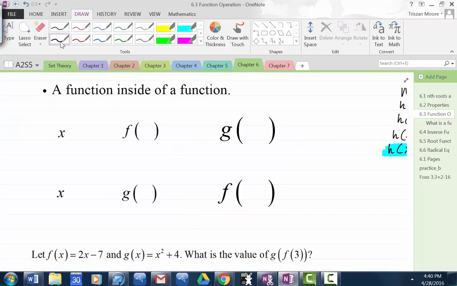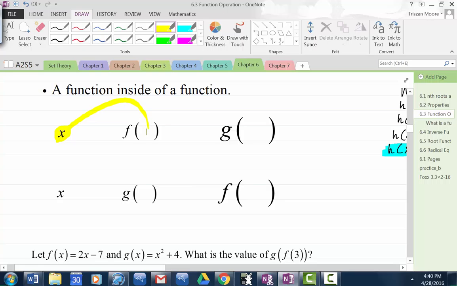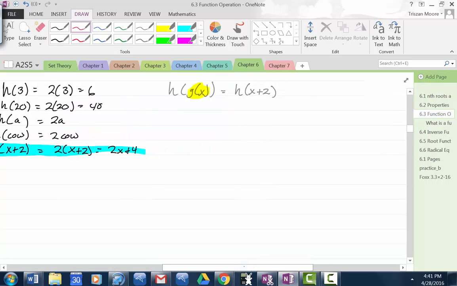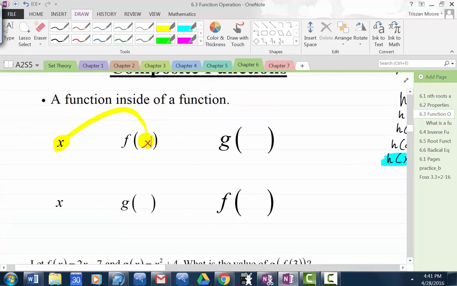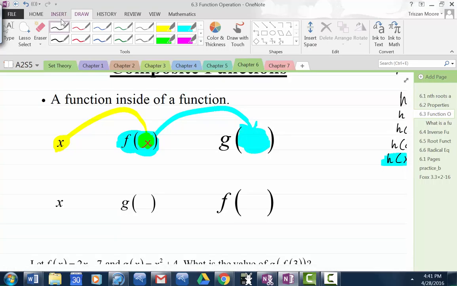Remember, a composite function is a function inside of a function, meaning that pretty much I take an x. When I take an x, I can put it inside of a function, and my output is just whatever f of x is. With a composite function, we can take this entire thing right here and put it into another function. And if we put it into another function, this entire thing becomes g of f of x.